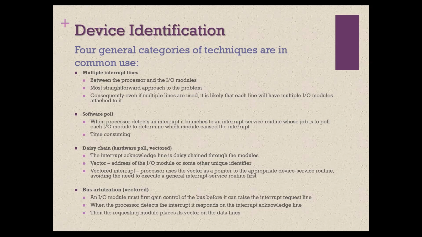There's another technique that makes use of vectored interrupts as well. That is the bus arbitration. With the bus arbitration, an I/O module must first gain control of the bus before it can raise the interrupt request line.